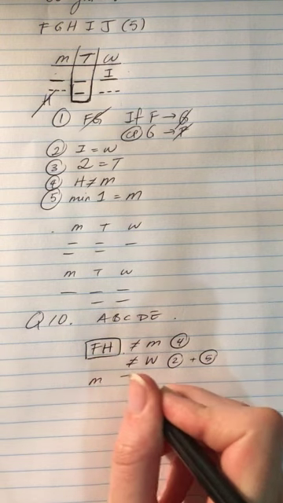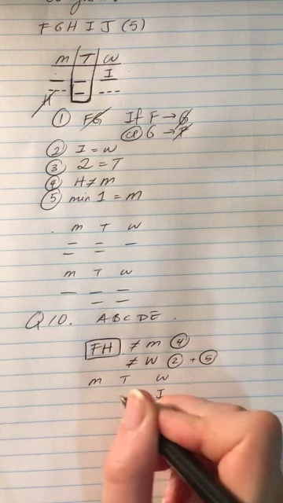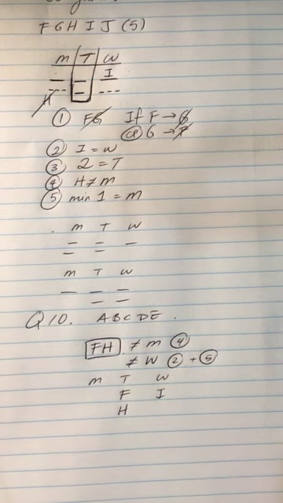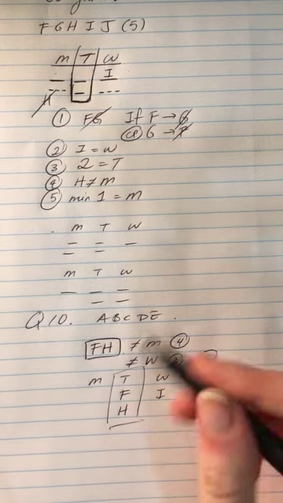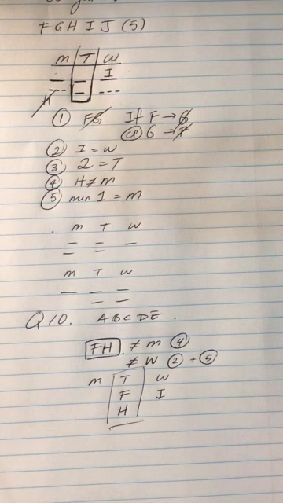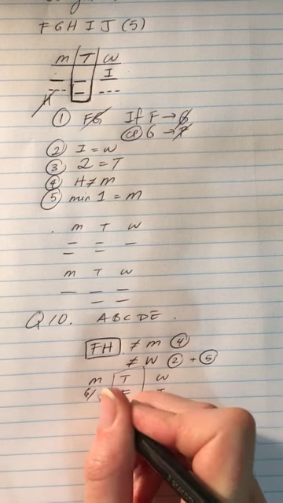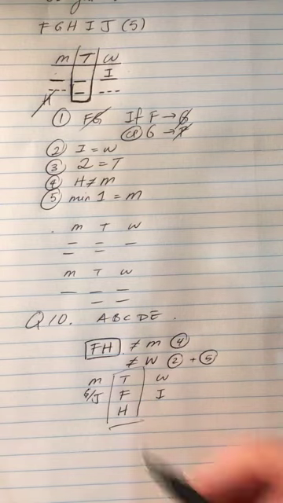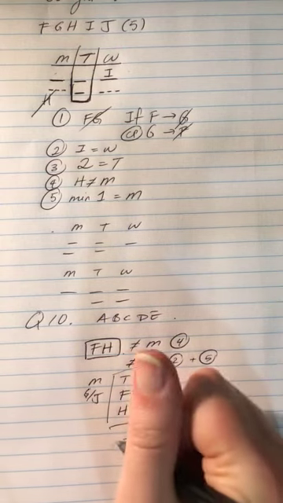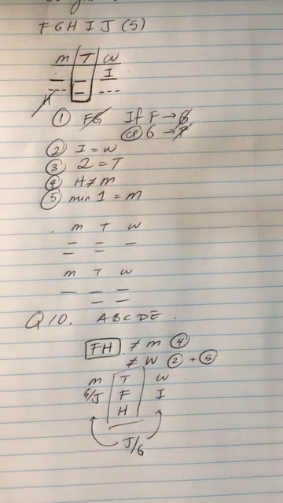Okay, so if I were to draw out a little diagram here, have F and H on Tuesday, that's closed. Those are going to be the only ones on Tuesday. And then who do we have left? We have G and J left. So one of them will have to be on Monday at least, and then the other one is either on Monday or Wednesday. So what must be true?